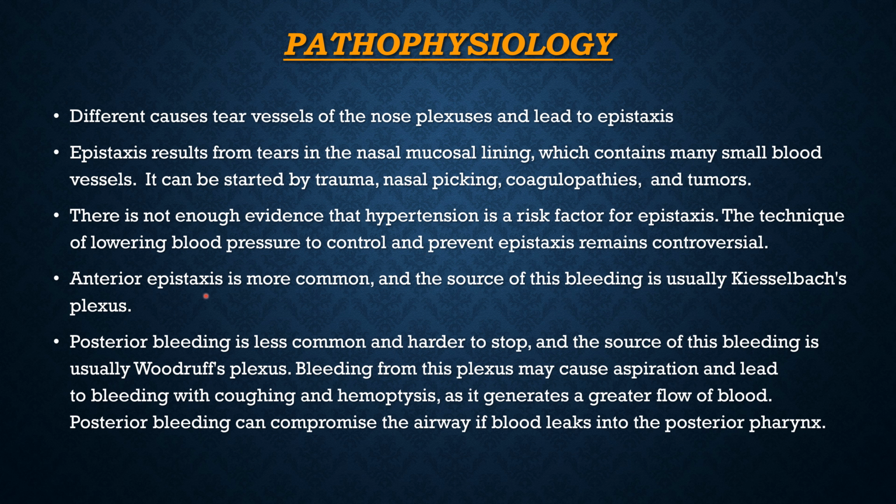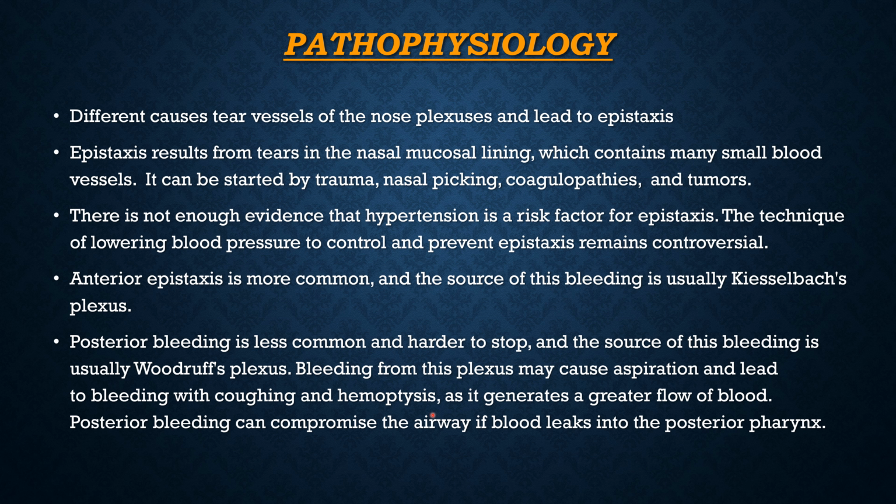Coming to anterior epistaxis, it is usually due to Kiesselbach's plexus. In case of posterior bleeding, it is mainly due to Woodruff's plexus. And because this is posterior, that means it is at the back side, there can be aspiration and it can lead to bleeding with coughing and hemoptysis.